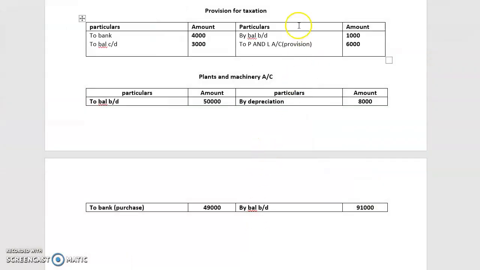Let us prepare the provision for tax account. By balance brought down 1,000, to balance carried down 3,000. This is the opening 1,000 and closing is 3,000 rupees.